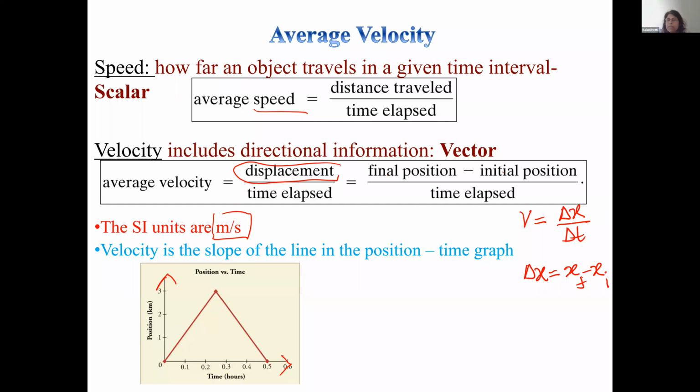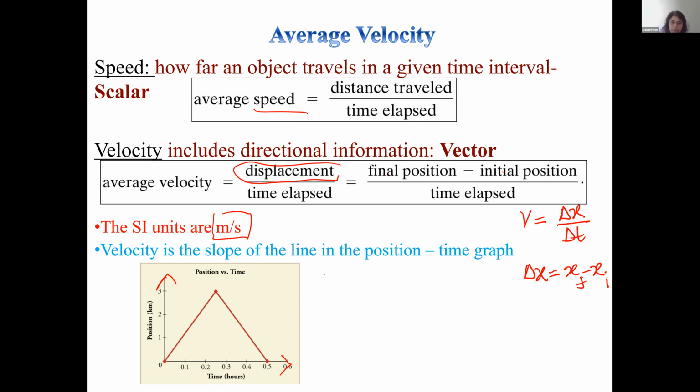That means this is showing displacement as a function of time, right? In the first part you have a positive value going upward and then going downward. That is the behavior of your position as a function of time. Your distance increases and then you go backward.